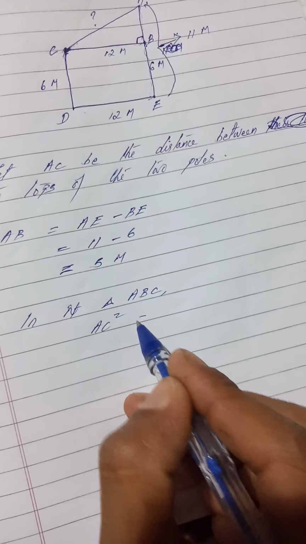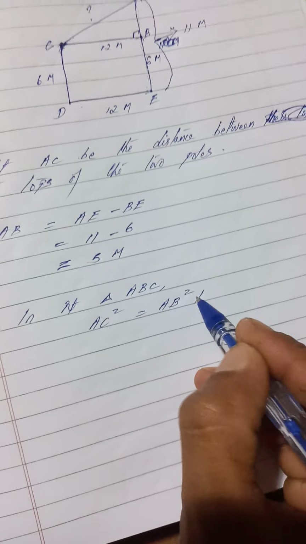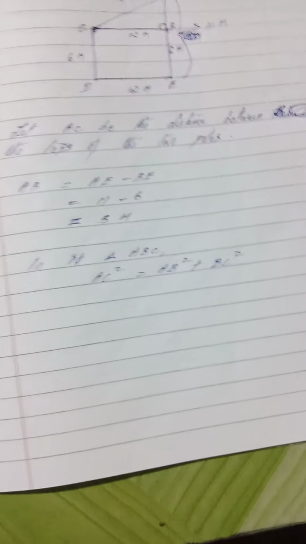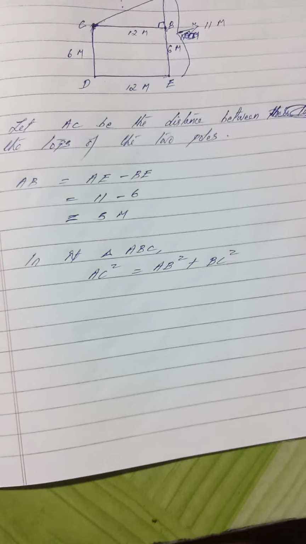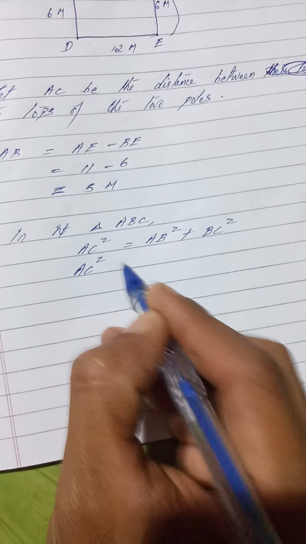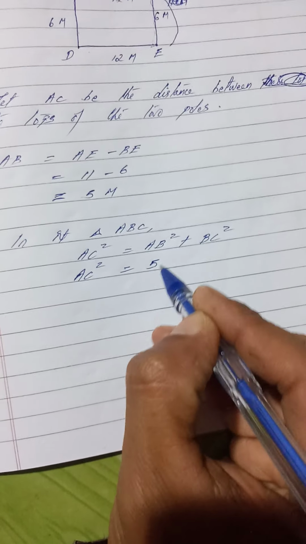AC square equal to AB square plus BC square. AC we don't know. AB we already calculated, that is 5 square.